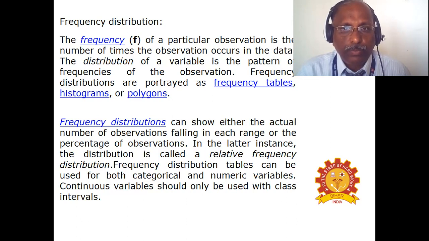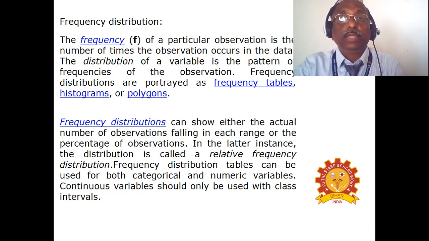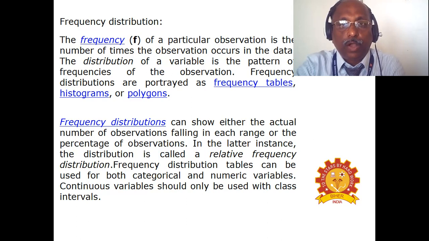Frequency distribution tables can be used for both categorical and numerical variables. Continuous variables should only be used with class intervals. In statistics, a graph of a dataset is organized to show the frequency of occurrences of each possible outcome of a repeated event observed many times, how frequently the same event is observed.